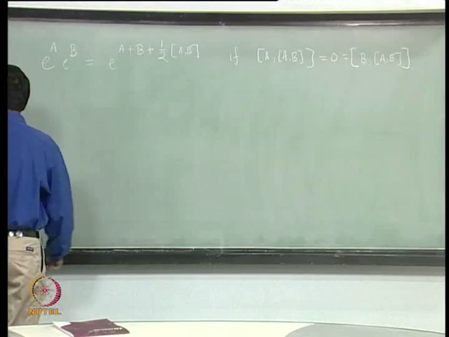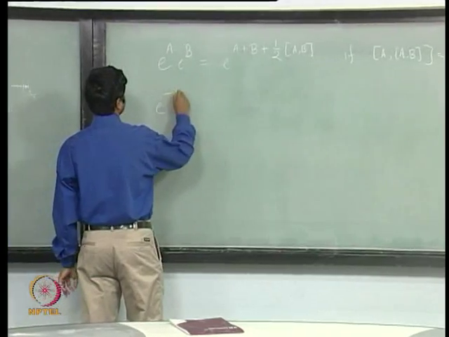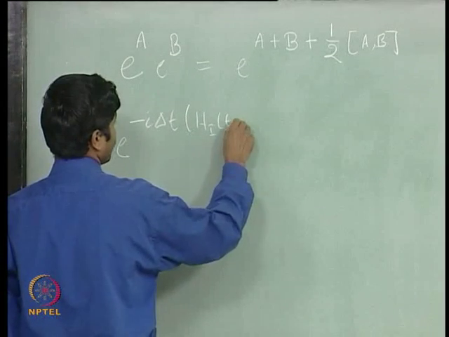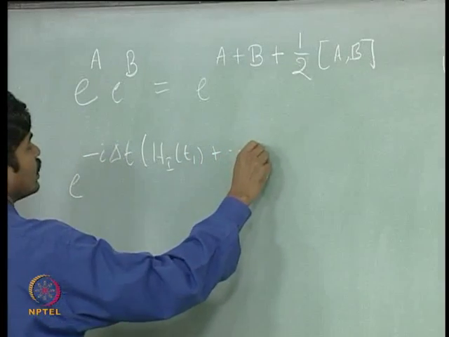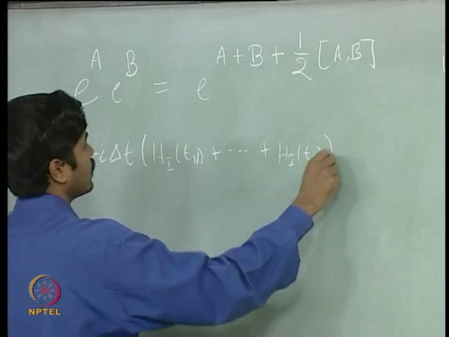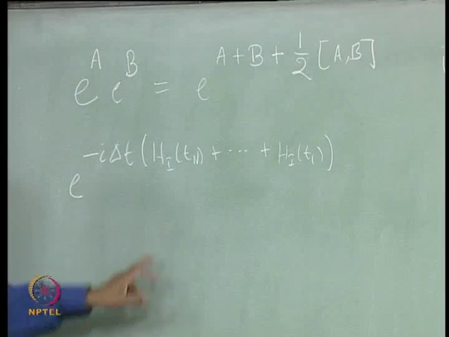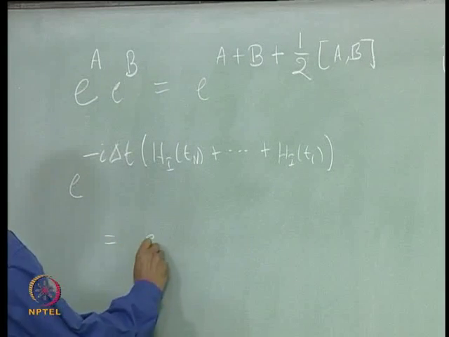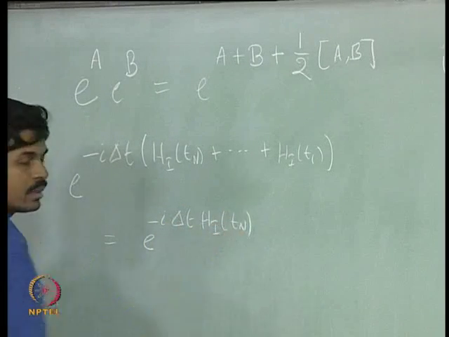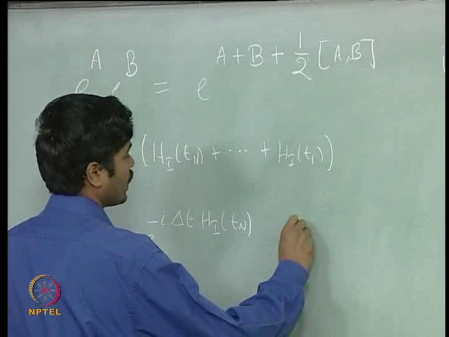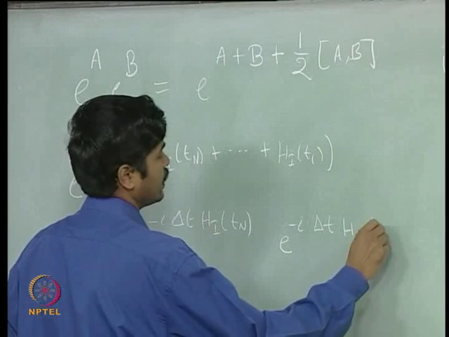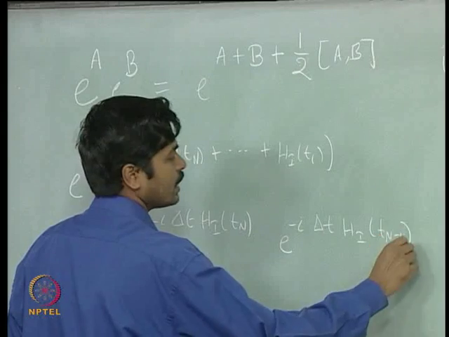So, we take this expression e to the power minus i delta t times h I of t n plus and so on plus h I of t 1. Then what I will get is e to the power minus i delta t h I of t n, e to the power minus i delta t h I of t n minus 1 and so on.